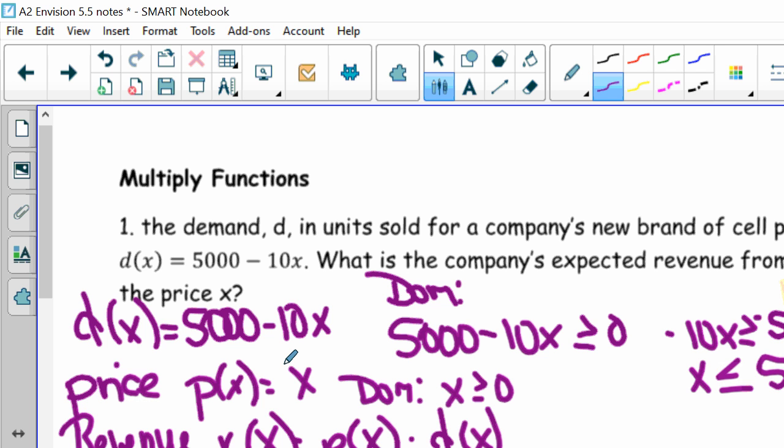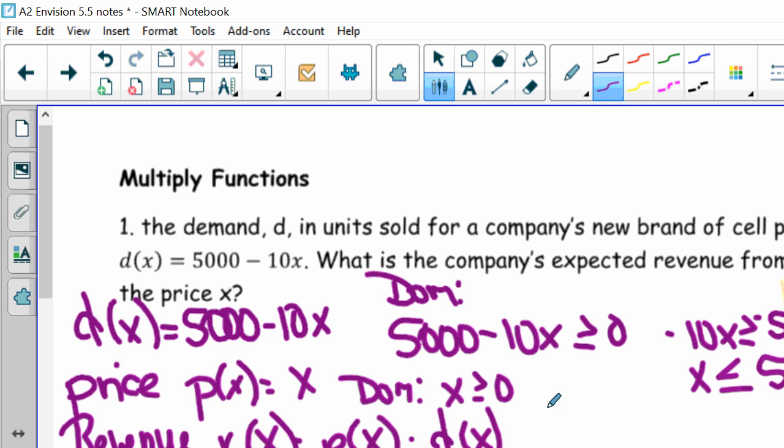The domain of the revenue will be the intersection of the domain of price and demand.